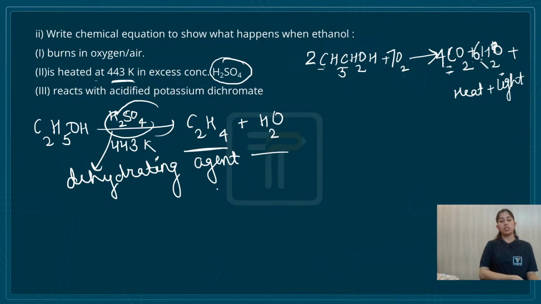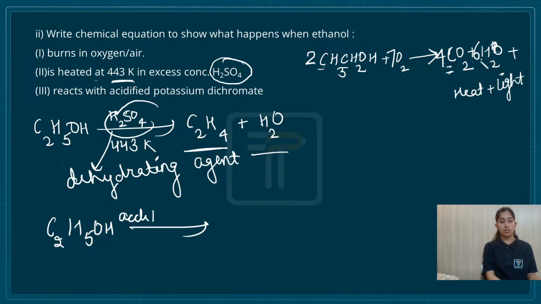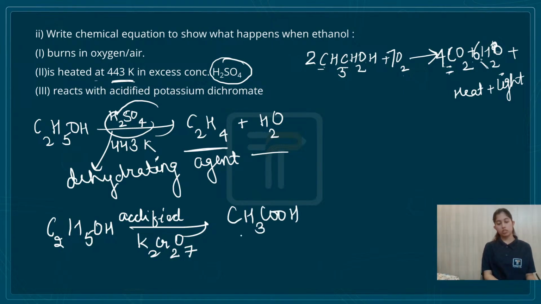Okay, now it reacts with acidified potassium dichromate. Again, this is the same reaction. What happens when C2H5OH reacts with acidified potassium dichromate? What is acidified potassium dichromate? Potassium dichromate, K2Cr2O7, it is called. What does it become? What do you call it? Ethanoic acid. All three parts are done.